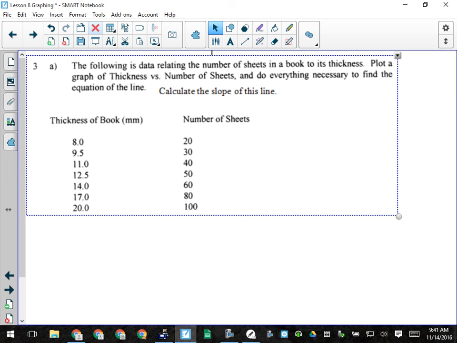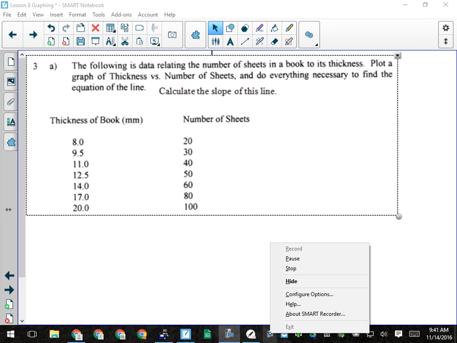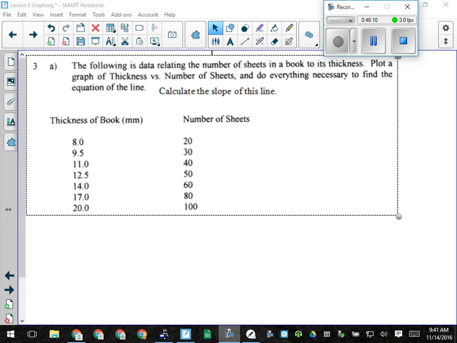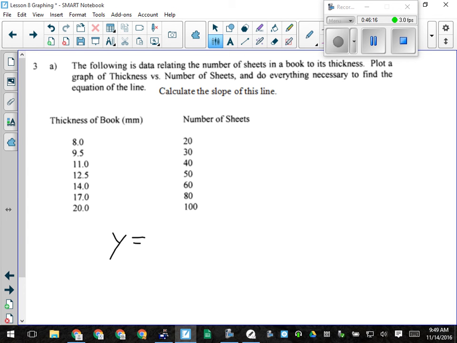Number of sheets, right? Yes, so these have all been backwards for you. What equation got spat out for that? 0.15x plus what? 5?